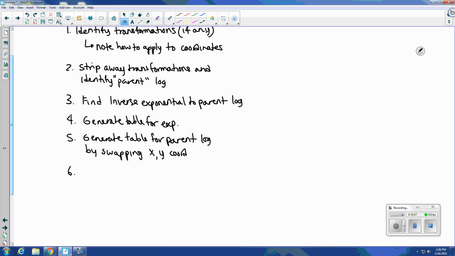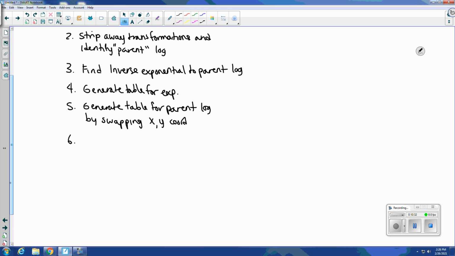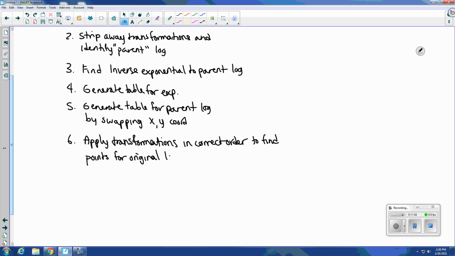Then step 6, once you have them swapped, apply the transformations in the correct order to find the final table result, the points for the original logarithm. And then obviously once you have the points, graph.